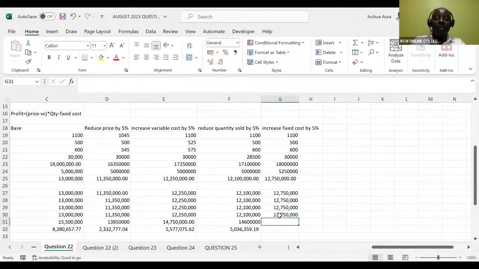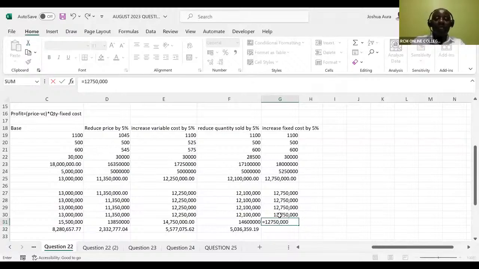But year 5, I will get these 750,000, but I add the scrap. That scrap is not changing. So I'll come and say here, plus the scrap of 2.5 million.